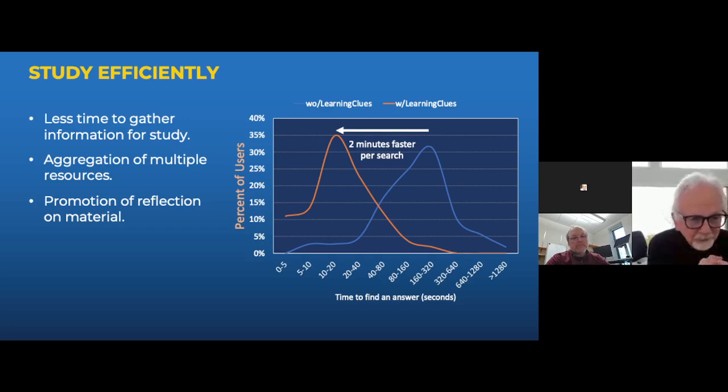It shouldn't surprise you that when we had them define certain terms in the course, both with and without the use of the system, it's like 2 minutes faster to find the information they needed per search. Now, again, if you're a student who's got a job and you've got limited time, but you want to do well on the exam, this could potentially get you that information you need much faster.